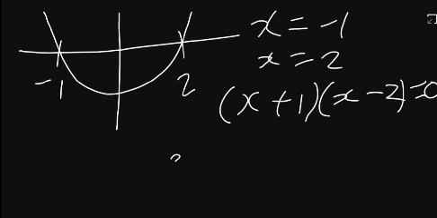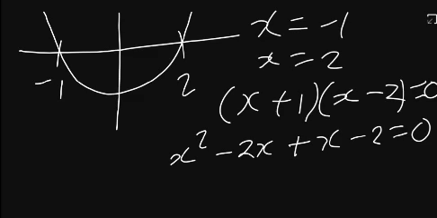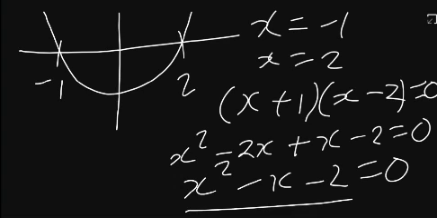So x times x gives you x squared. X times -2 gives you -2x. 1 times x gives you x. Then 1 times -2 gives you -2 is equal to 0. Then it becomes x squared, -2x plus x as -x, minus 2 equal to 0. And the equation is formed.